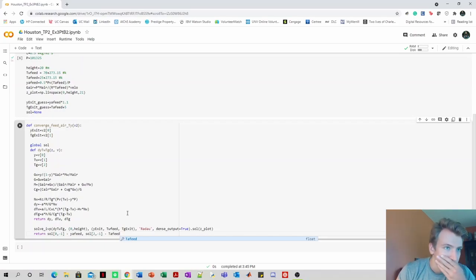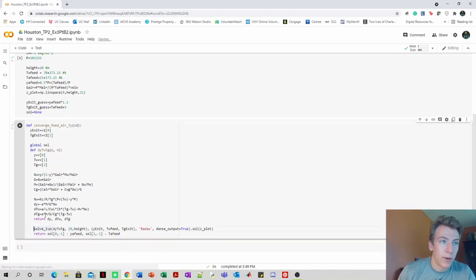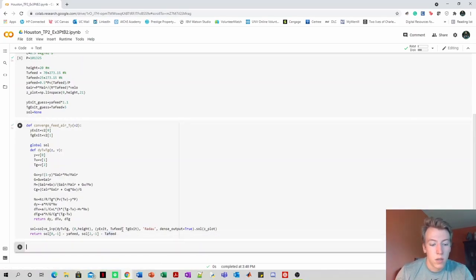And then I think we should be able to run this block here. Okay, that worked correctly. So now we want to store this solve IVP as sol for the solution. And then just make sure that it's in line correctly, so now we can store it under sol, and it is.